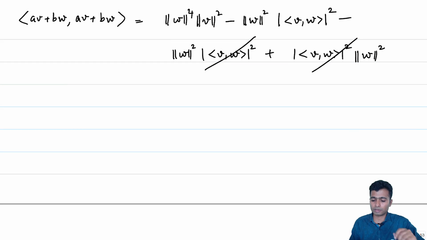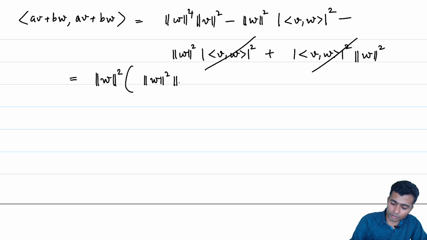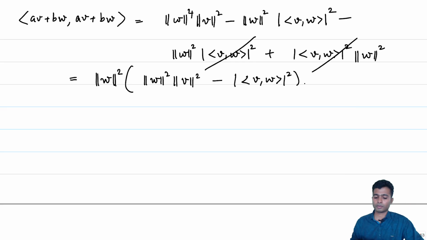And what remains is length of W square times length of W square times length of V square minus the absolute value of the inner product of V and W square.